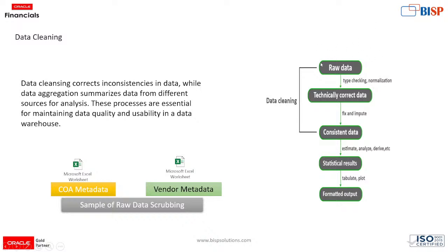So we changed the data. After checking, we normalized it, and technically we corrected the data and fixed the impurities. So first, we will go with the sample data, or you can say the data scrubbing we have done, the chart of accounts metadata.